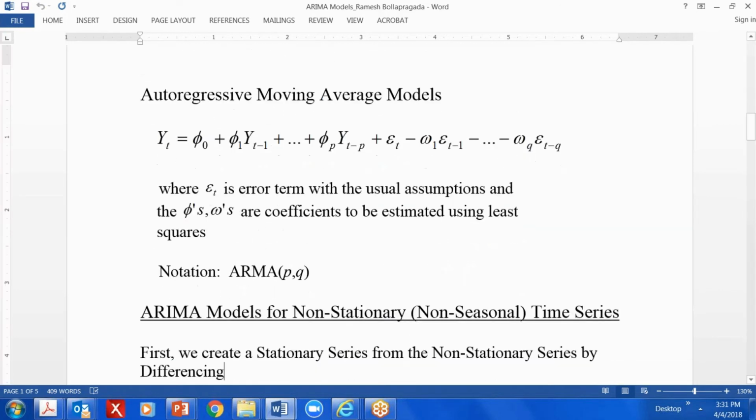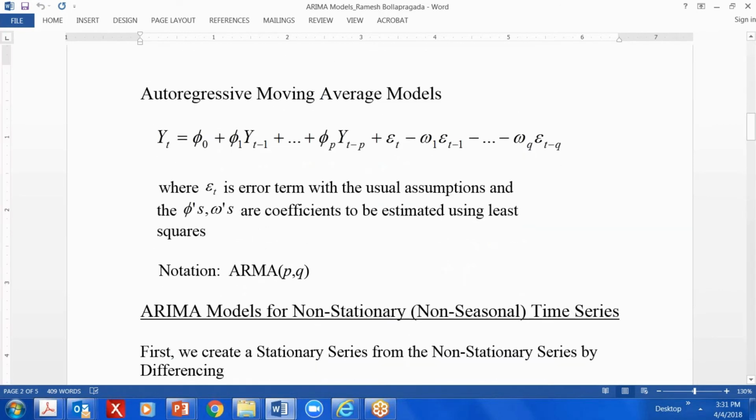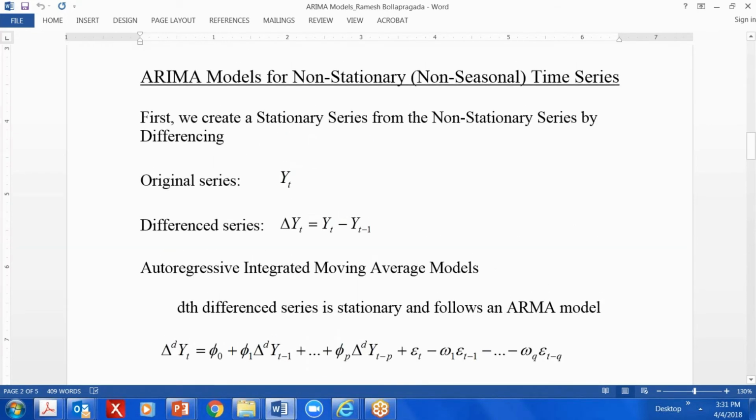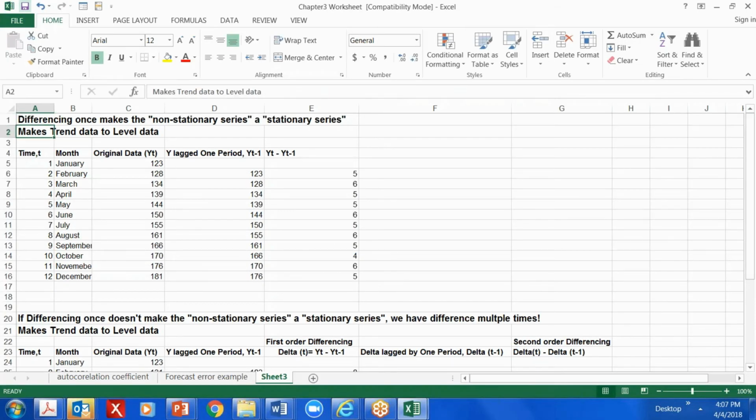And what is that? That is where you do differencing, right? The integrated part of an ARIMA model takes a non-stationary time series, differences it, and brings you to the form of a stationary time series. In this example, we illustrate how non-stationary series data can be converted to stationary series data.